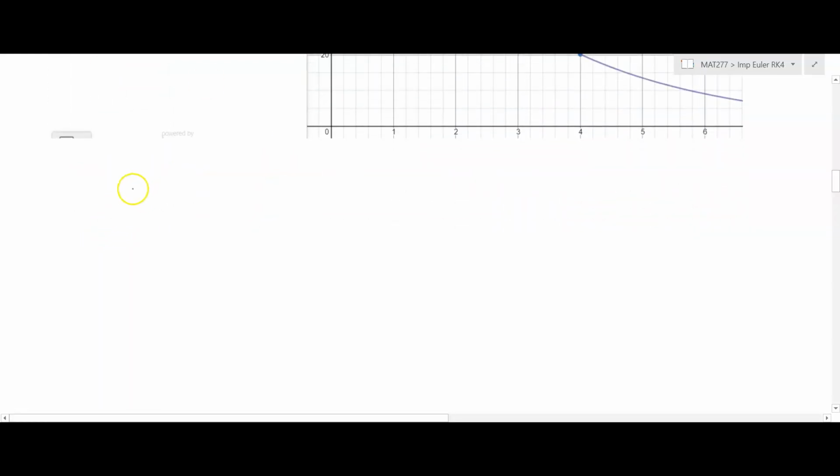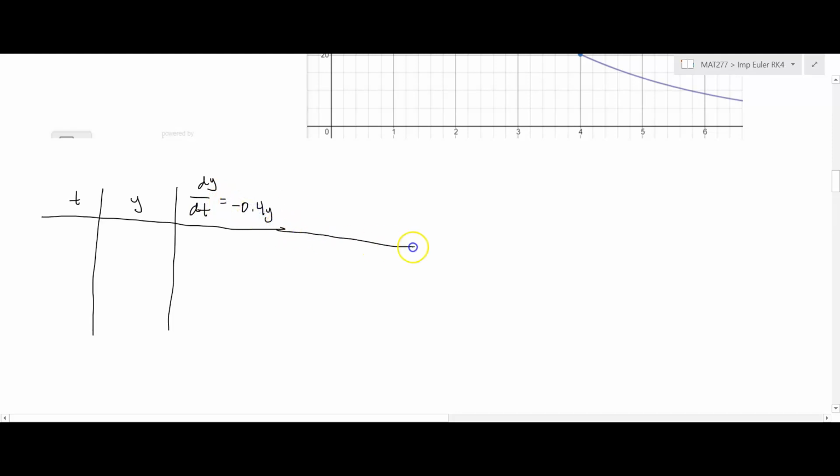All right, so standard Euler's method. To do the standard Euler's method, let's start with that one, just to recall what this looks like and how this works. So we calculated the slope, which is given by negative 0.4y. And because our step size here is 1, we don't really need this column, but remember delta y is the step size multiplied by whatever that dy dt was.